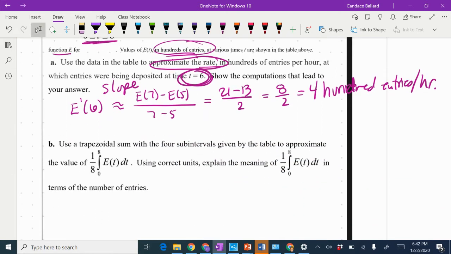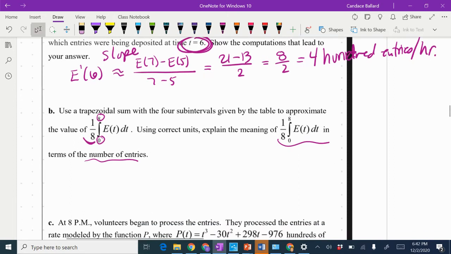All right, let's take a look at part B. Part B says use a trapezoidal sum with 4 subintervals given by the table to approximate the value of 1 over 8 times the integral from 0 to 8 of E of t dt. Using correct units, explain the meaning of this in terms of number of entries. All right, so let's first do the calculation.